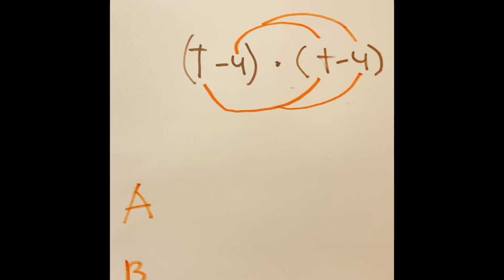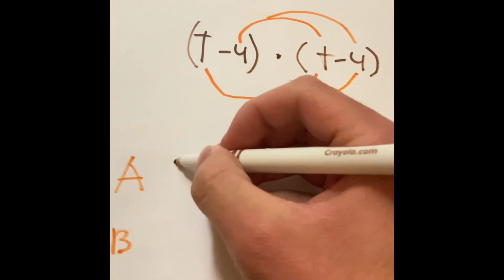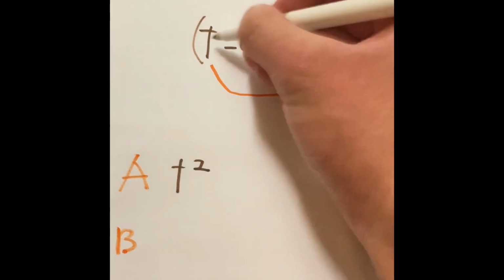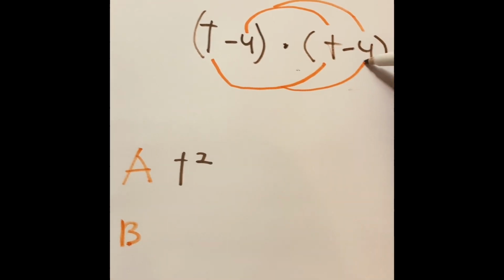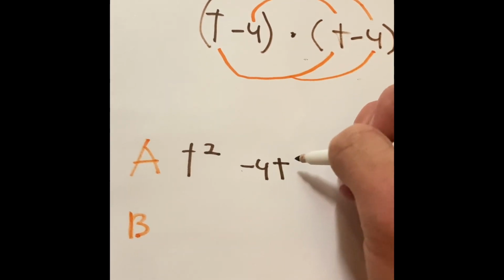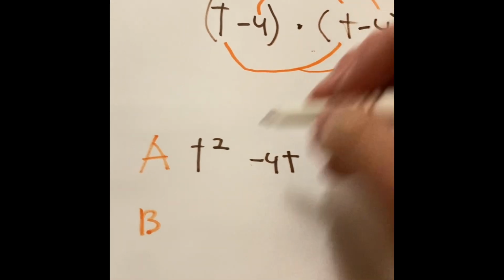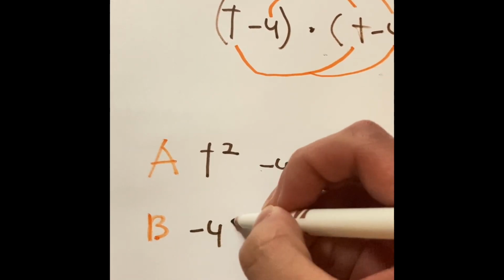So let's get started. t multiplied by t is t squared. And t multiplied by −4 is going to be −4t. On the bottom one, −4 multiplied by t is −4t.